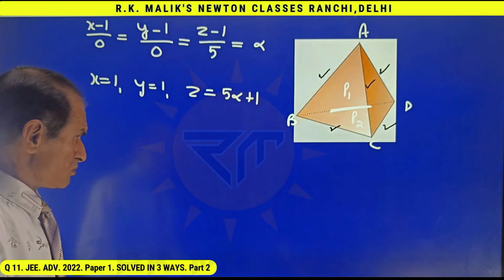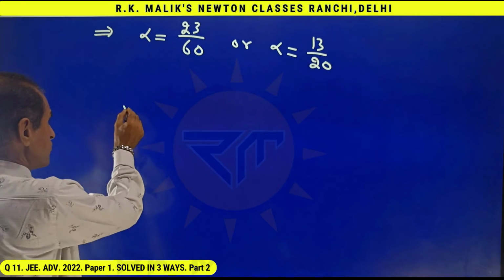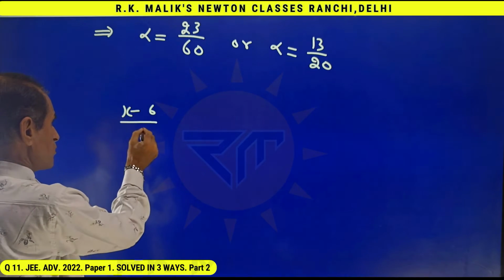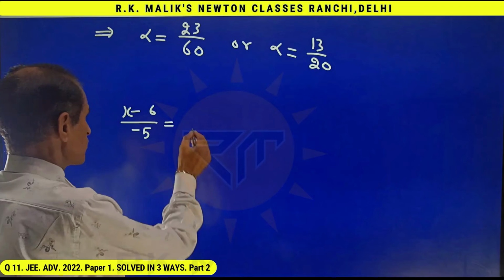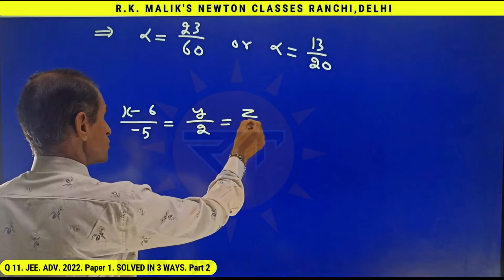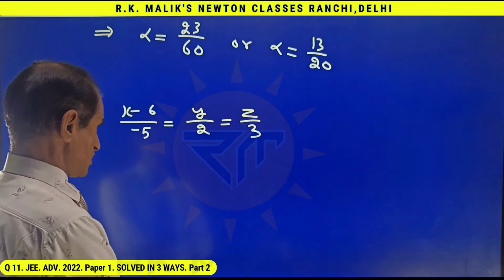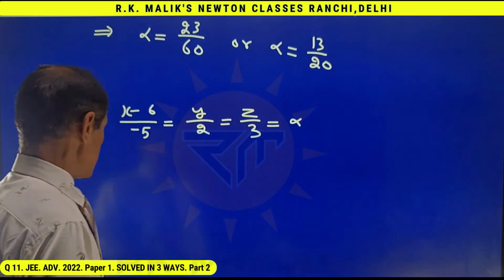Second possibility is the line given as x minus 6 upon minus 5 equal to y upon 2 equal to z upon 3. Again, let it be equal to alpha.